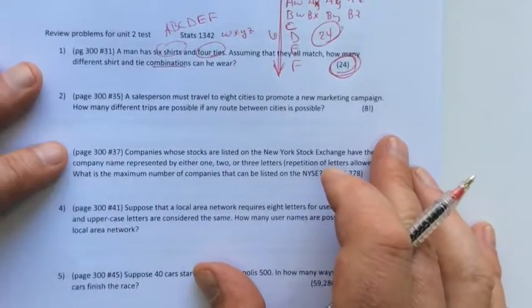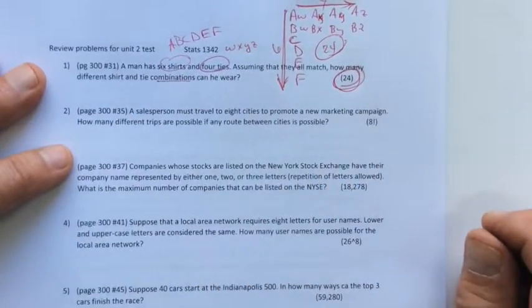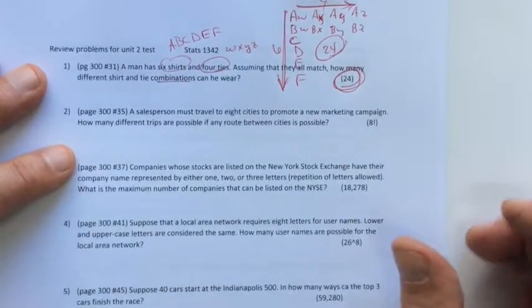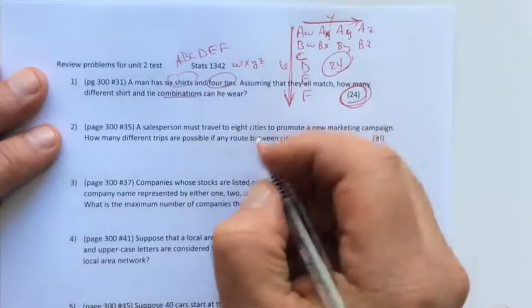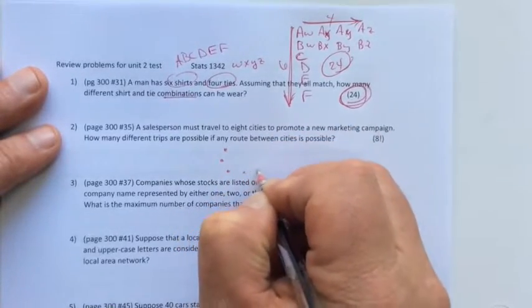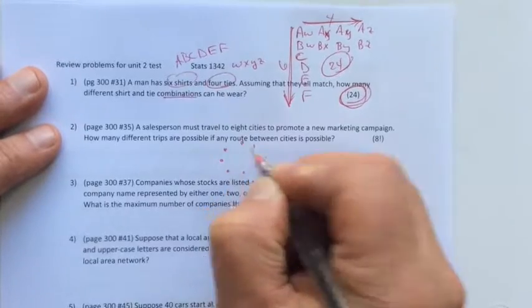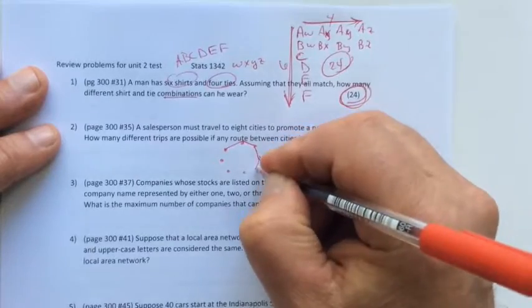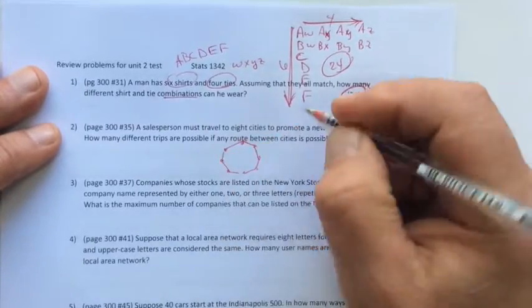Okay, a person must travel to 8 cities to promote a new campaign. How many different trips are there if all of the possible trips are the same? Let's say these are the cities: 1, 2, 3, 4, 5, 6, 7, 8. He could go around the horn like that, which would be one way to do it.